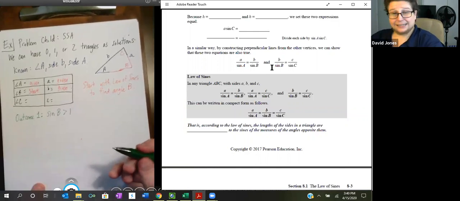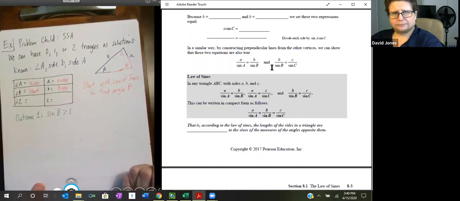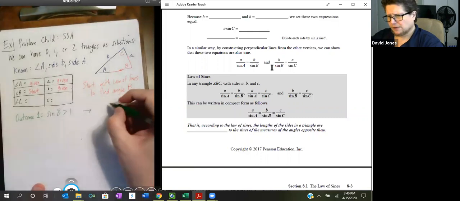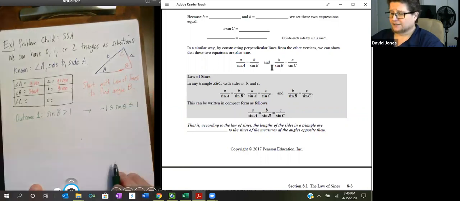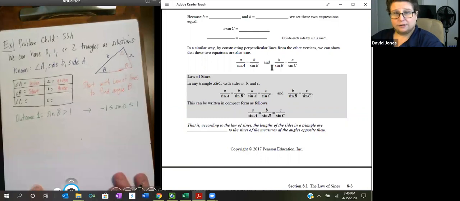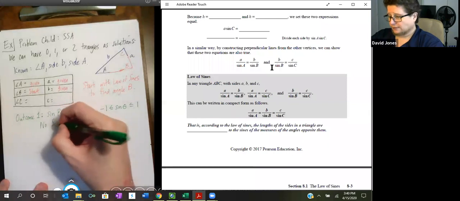What does that tell us? What do we know about sine? The sine of any angle is always between -1 and 1. If sine of B is greater than 1, we're outside the range of sine. There's no solution here.